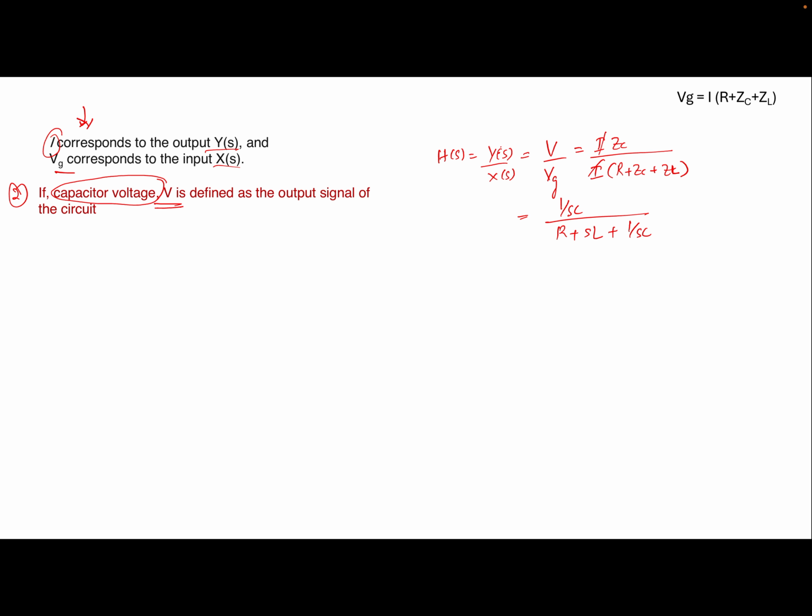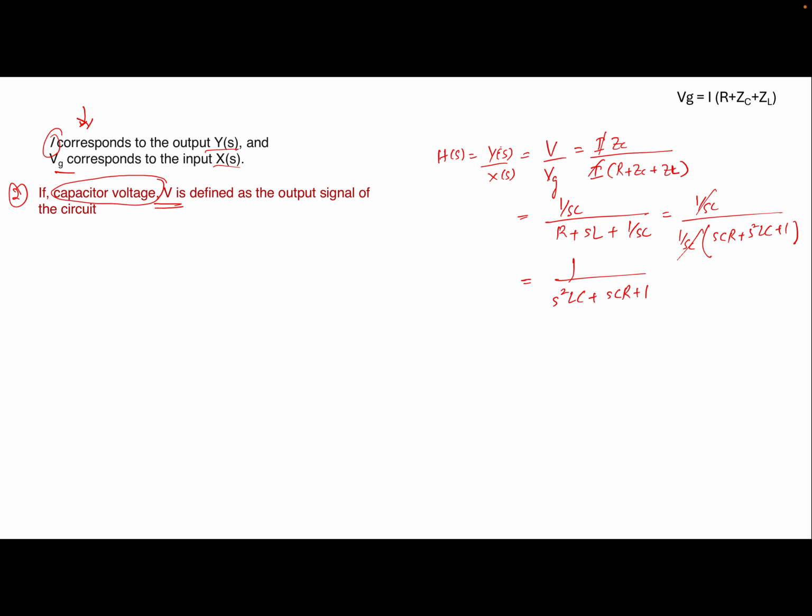Okay, so once you can take 1 over SC common out, right? 1 over SC over 1 over SC times SCR plus S squared LC plus 1. So this will be cancelled out and you're going to be left with 1 over S squared LC plus SCR plus 1.